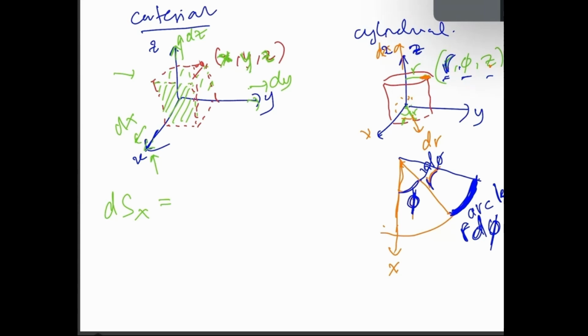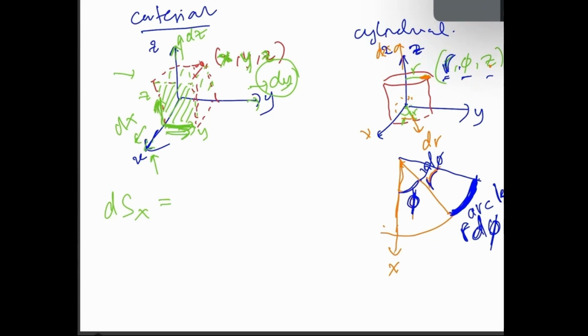How to find that surface? This width is equal to dy. This one is the y axis, and up is the z axis. To the right means the y axis, and to the top is the z axis.